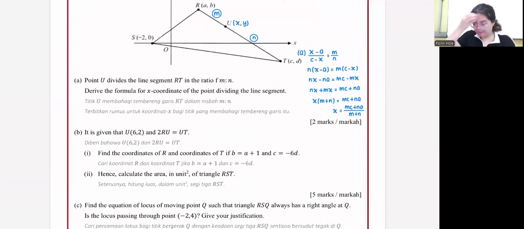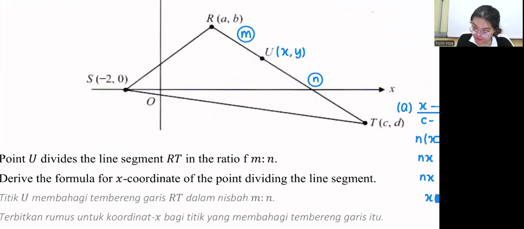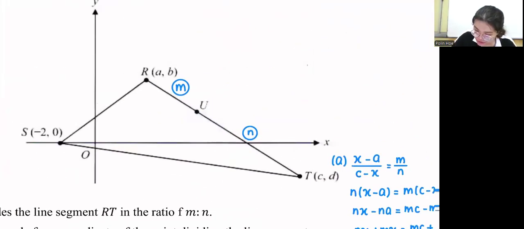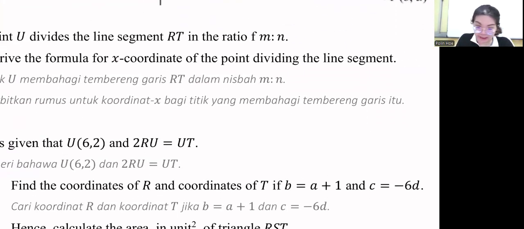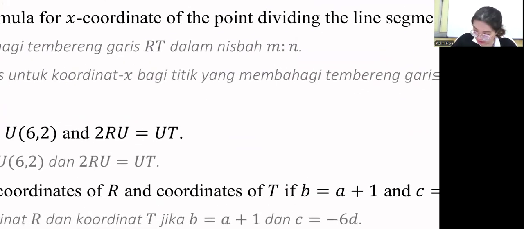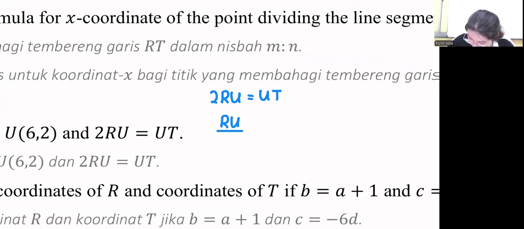Okay, after that, let's look at part B. It is given that U is equal to (6, 2). So I change this xy to 6, 2. After that, we have 2RU equals UT. So when I write like this, RU over UT is equal to 1 over 2.